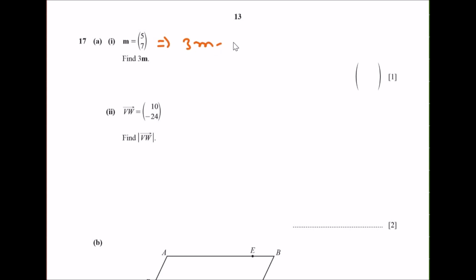That 3m is equal to 3 times (5, 7), that is equal to 15, and 3 7s are 21. Okay. So the answer will be (15, 21).